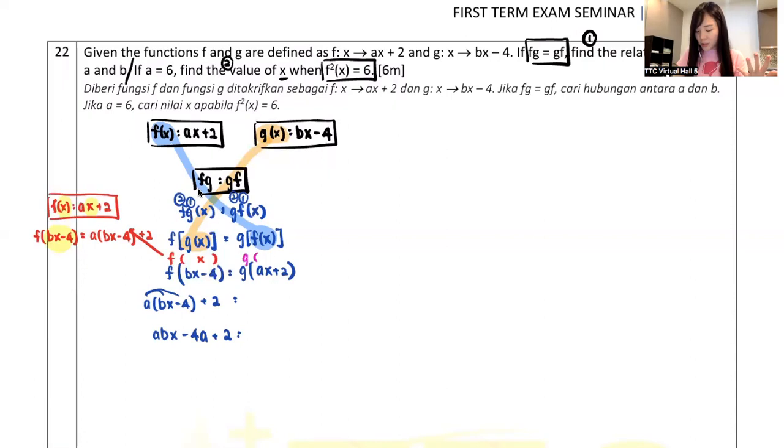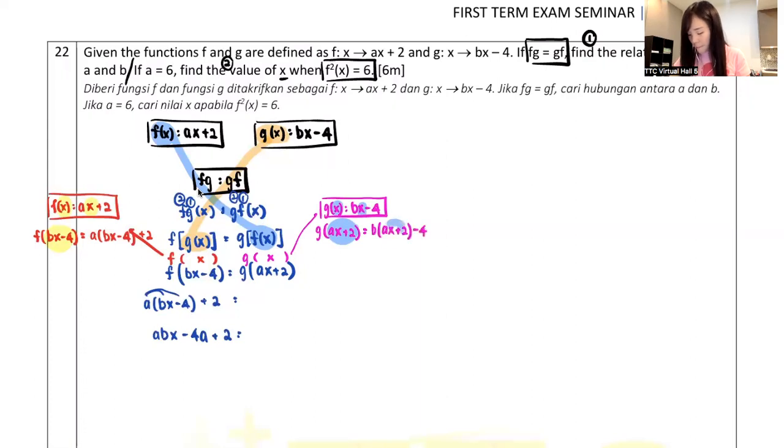This is a function, isn't it original name called gx? So gx equivalent to bx minus 4. What you guys want to do now is g of ax plus 2 again. I repeat, my x become ax plus 2. Then this x should also become ax plus 2. I think you guys all can see that.